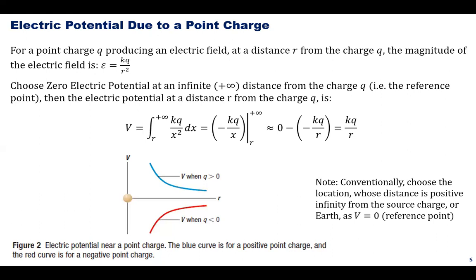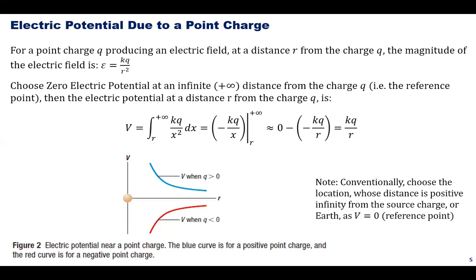If the charge producing the electric field has the same sign as the test charge Q, the work done by the electric field on Q is negative. This means that delta EE is greater than 0 for delta D greater than 0.